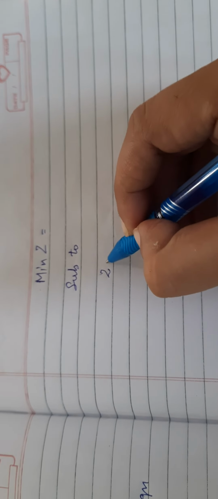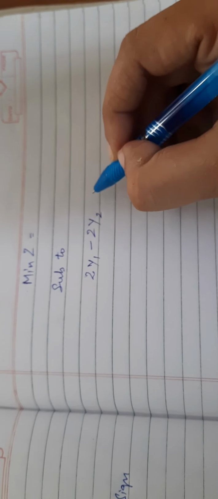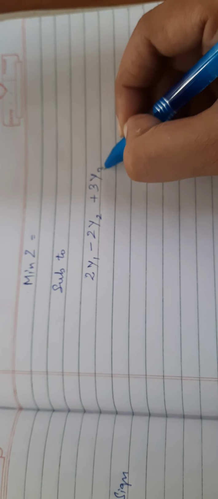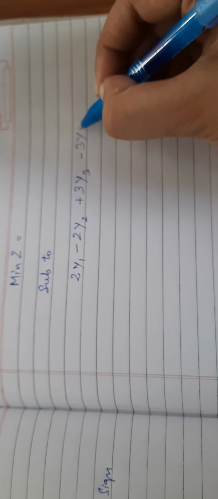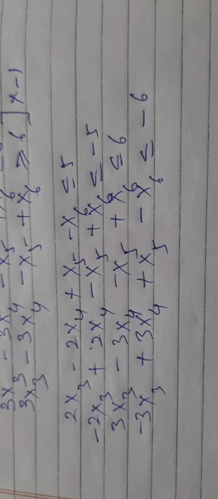So this is 2y1 minus 2y2 plus 3y3 and minus 3y4, and similarly again the same thing, minus 2 plus 2 minus 3 and plus 3. So this is minus 2y1 now, and this is plus 2y2, this is minus 3y3 and plus 3y4.